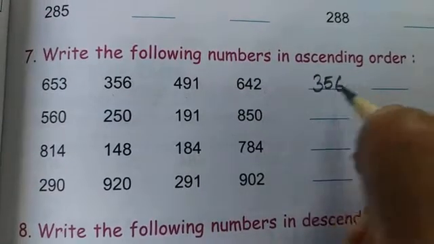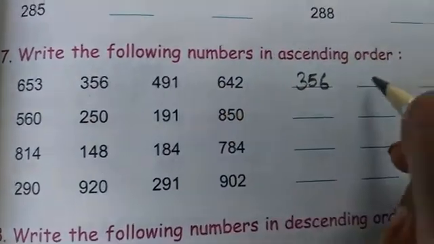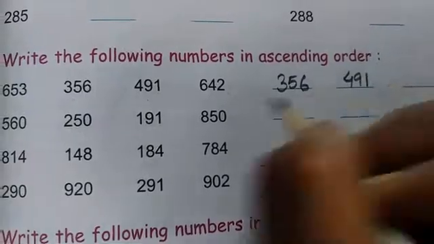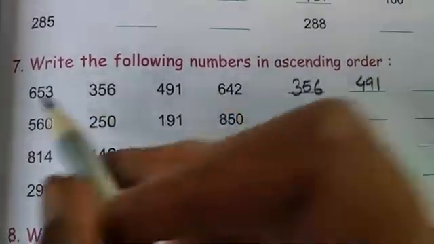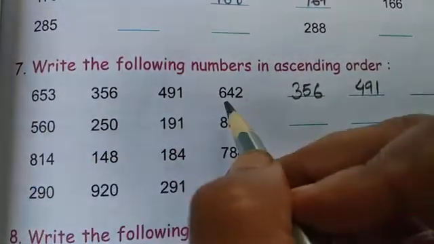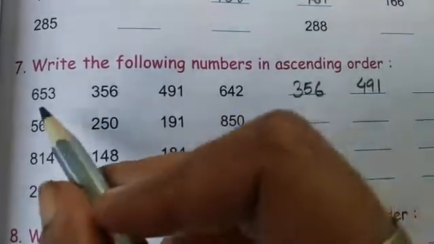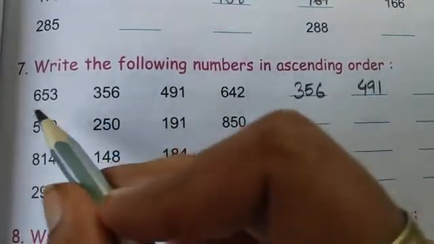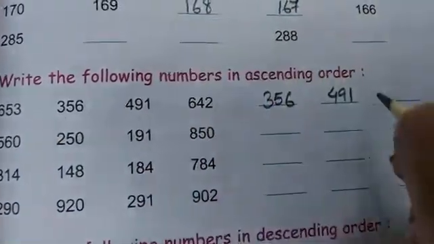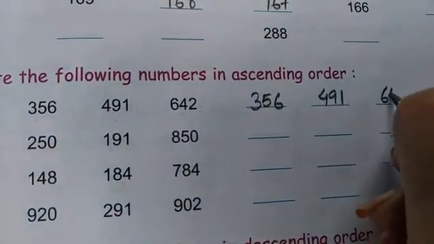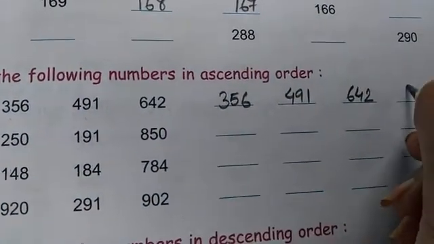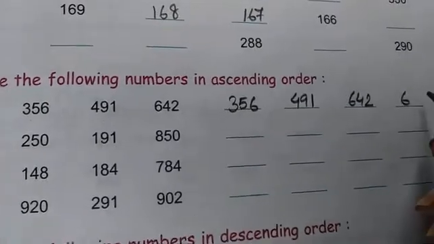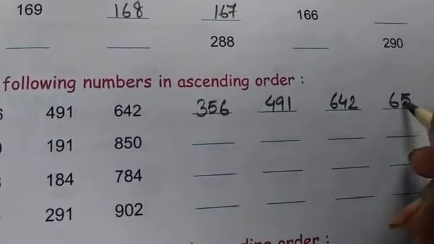So 356 first, then 491. Here 6 and 6 are the same hundreds digit. So here 4 is less than 5 in the tens. So 642, then 653.